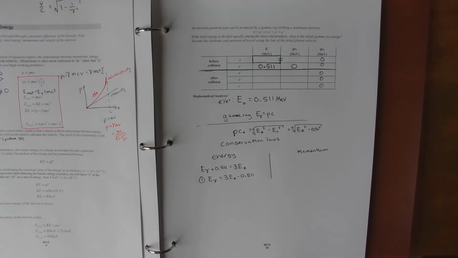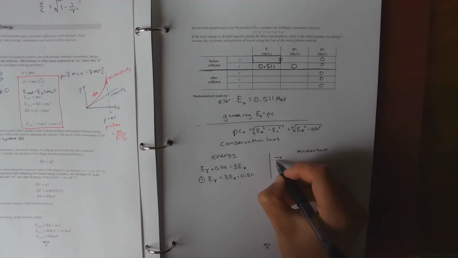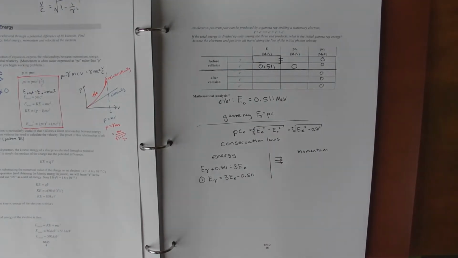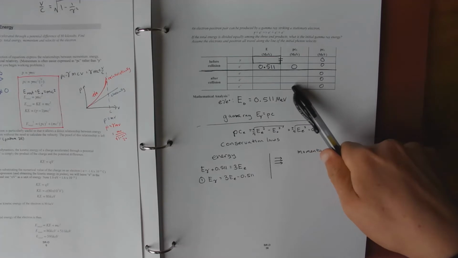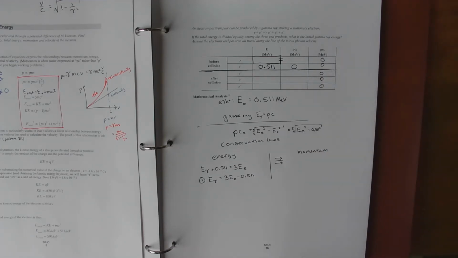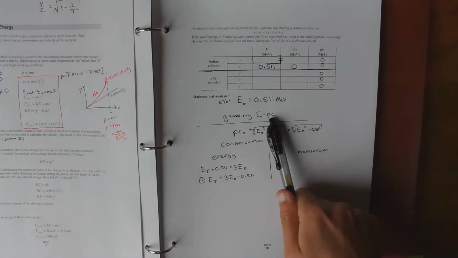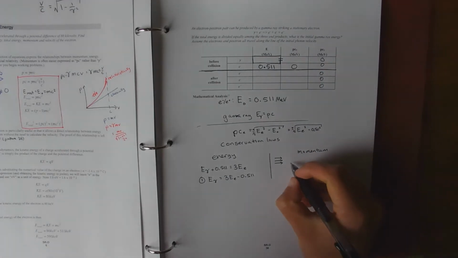So let's assume first that all three particles, so I'm just going to draw this for the particles after the collision, are going in the same direction. Then the momentum would be positive for all three particles. And my initial momentum is E gamma, because the momentum of the gamma ray is equal to its total energy.